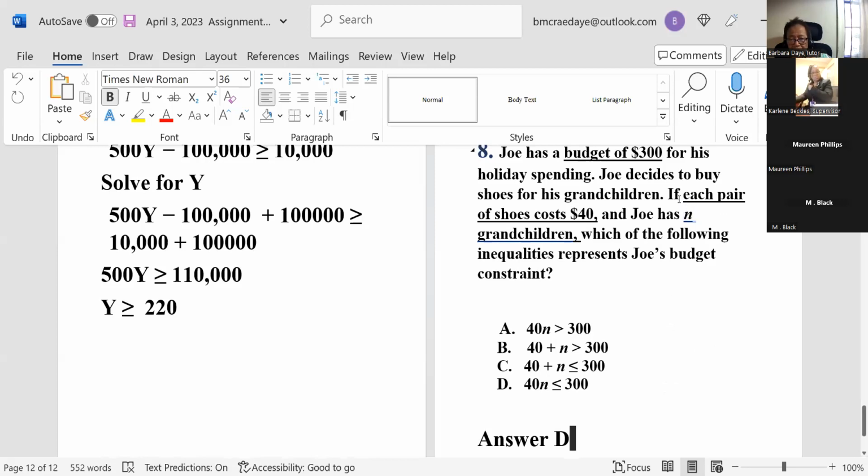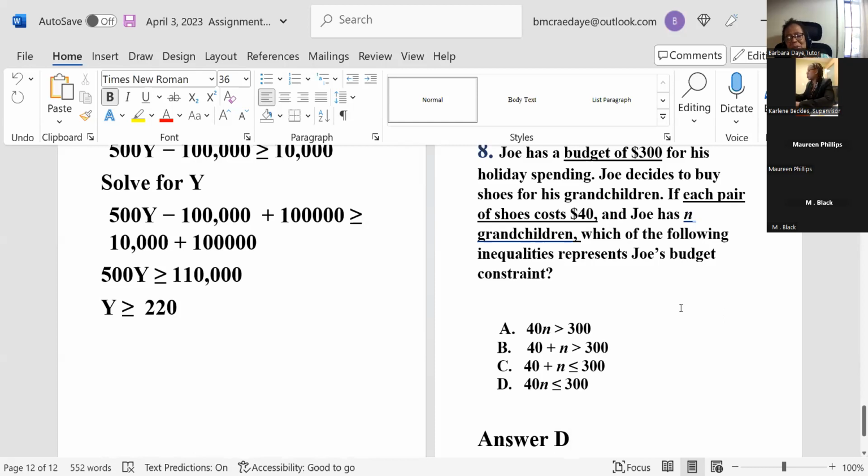Joe has three grandchildren. How much would he spend for shoes? If it's 40 for one, he'd spend 120.